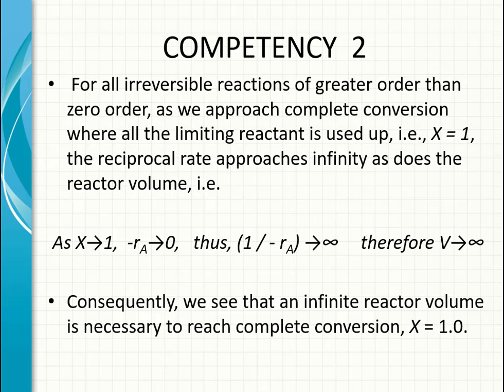Then, as X tends to 1, -Ra tends to 0, then 1 divided by -Ra tends to infinity, and therefore the volume tends to infinity. That's why in the real world we don't try to get a conversion of 1, because in that case we will need a very big reactor.